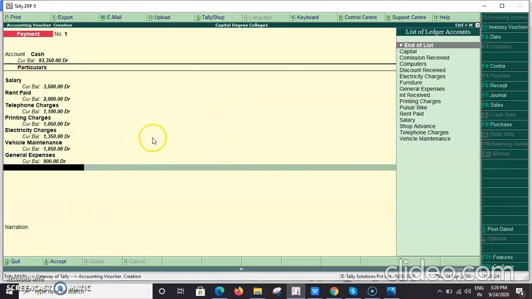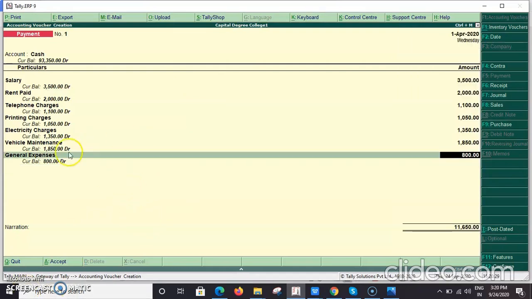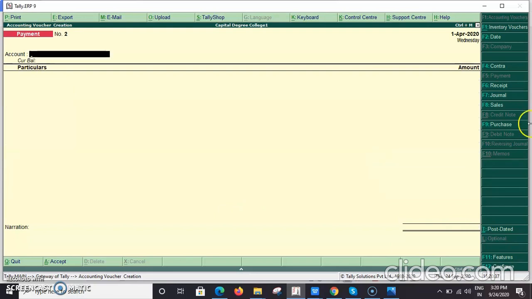Interest received and commission received will be income. So now these are all the payments: salary, rent paid, telephone charges, printing charges, electricity charges, and general expenses. Save.